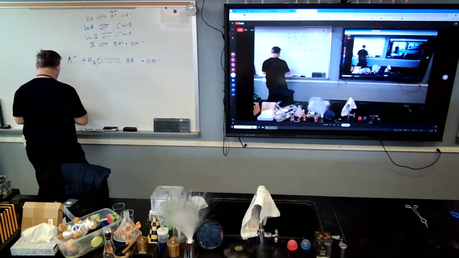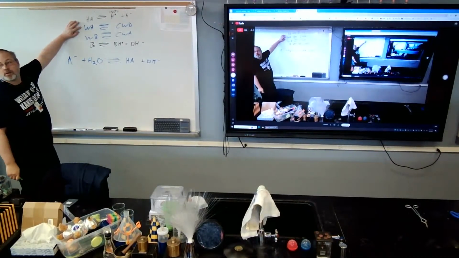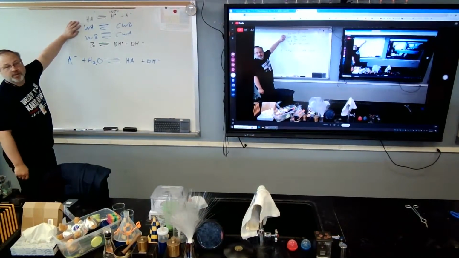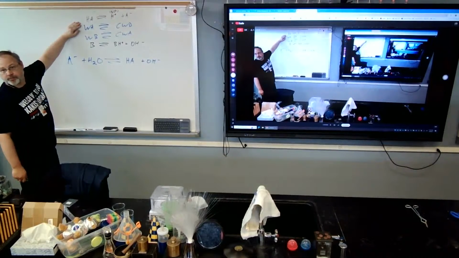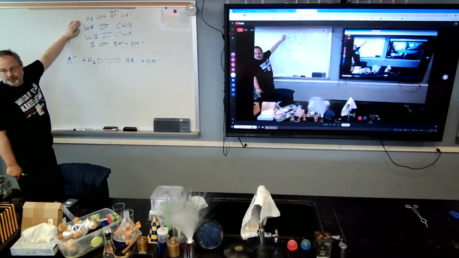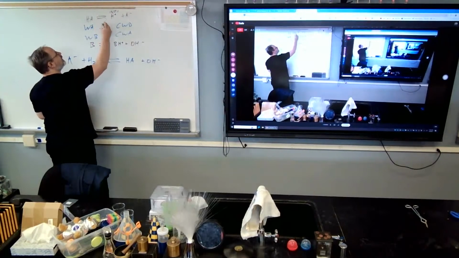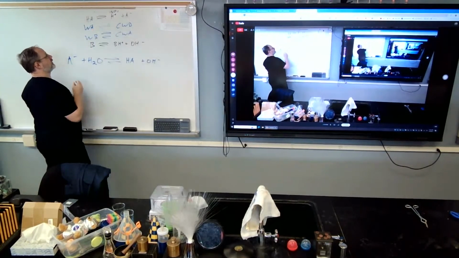Now here's the important thing. Where does the equilibrium lie for the weak acid? Does it lie mostly with the reactants or the products? For a strong acid, it lies entirely with the products. But for a weak acid, it lies almost entirely with the reactants.